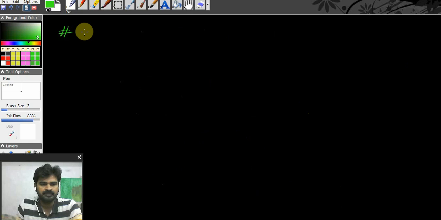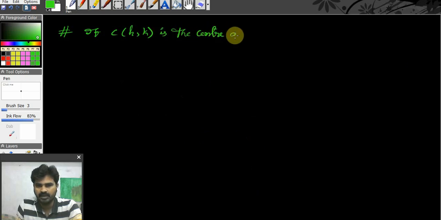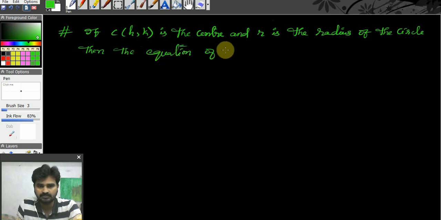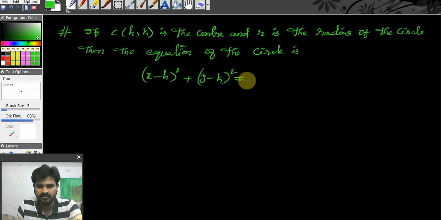The first formula: to find the equation of the circle, if C is the center and r is the radius of the circle, then the equation of the circle is (x minus h) whole square plus (y minus k) whole square is equal to r square.